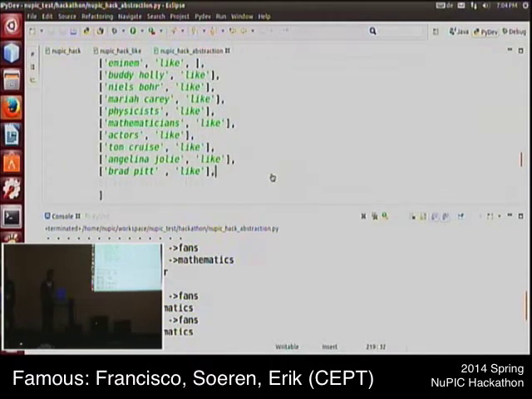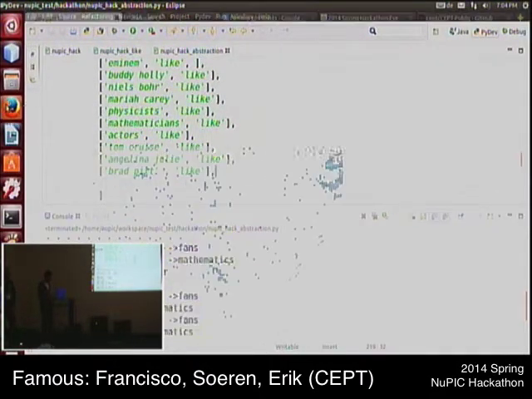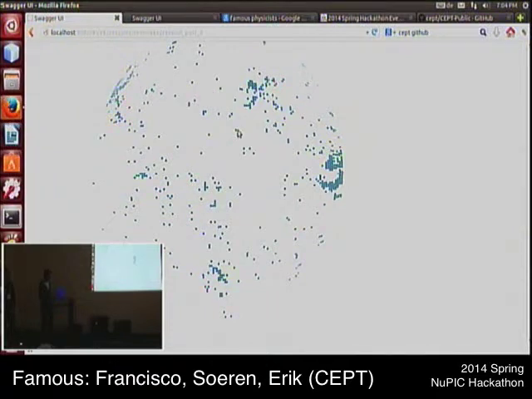Yes, and one thing that I forgot to mention, so in order to get this running, for example, I said at the beginning that physics or physicists is a very distributed semantic fingerprint.